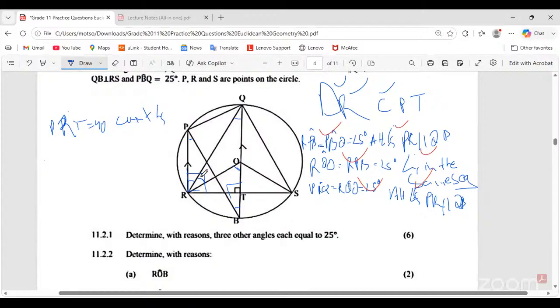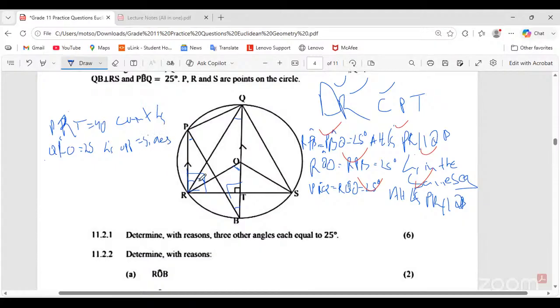This one is 90 degrees. This one here, because that is 25 there, forces this one to be 25 because these are the radii. Therefore, angle QRO is equal to 25. Reason being angles opposite equal sides.